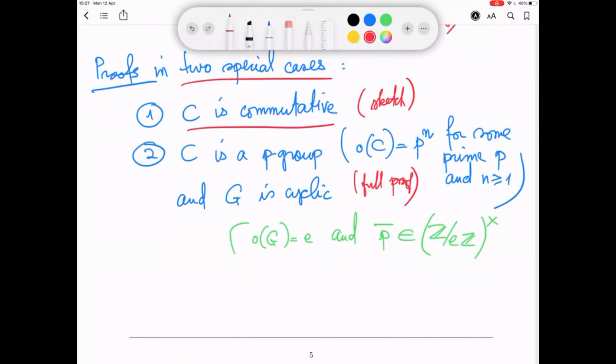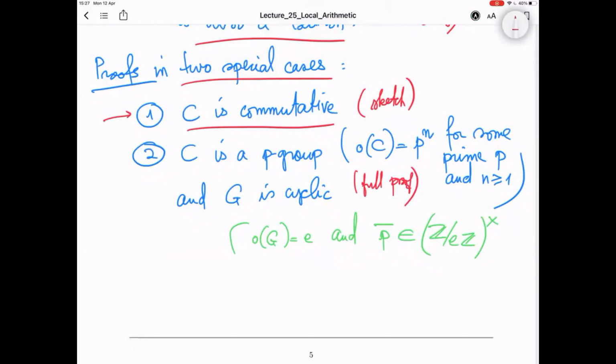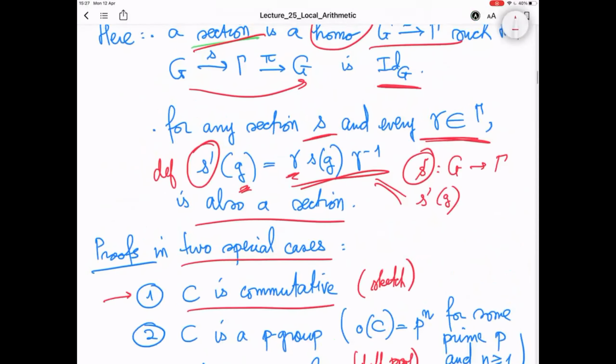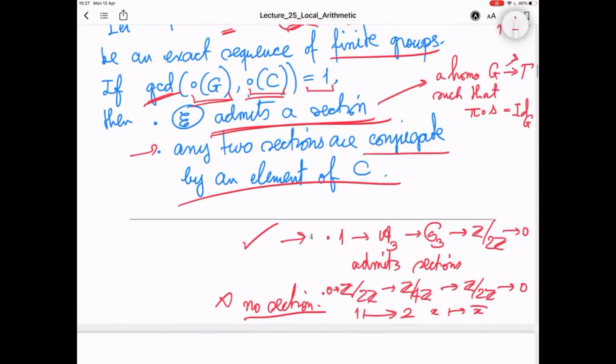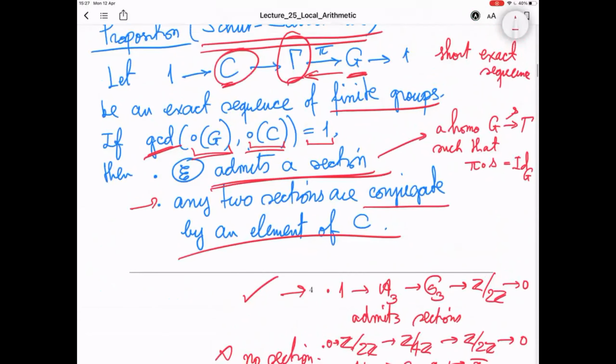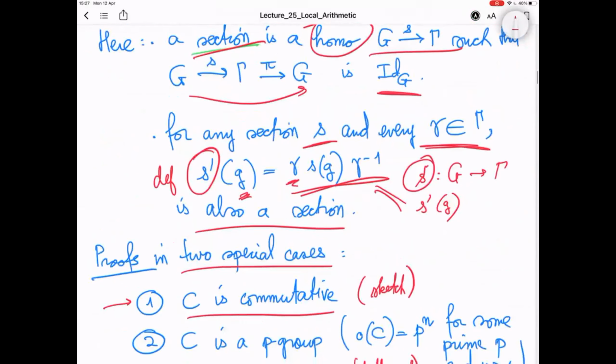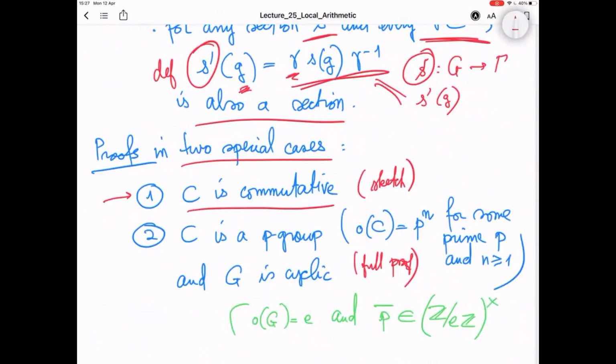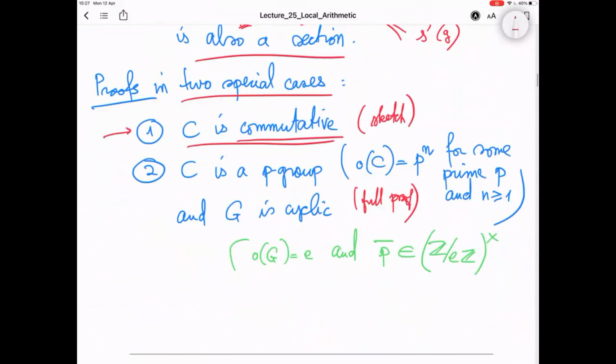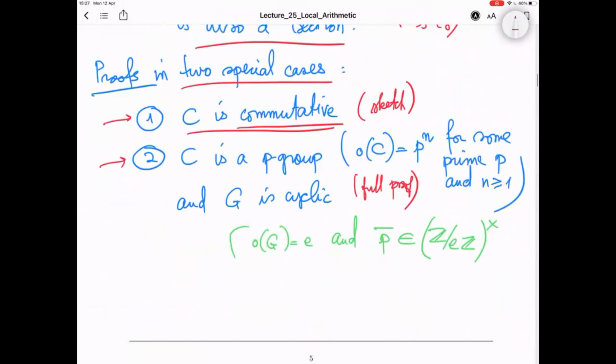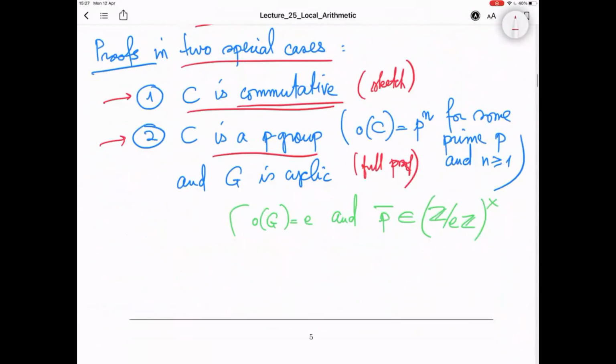So what are the two cases? The first special case is when the subgroup C is commutative. And the second special case, which we will prove, is when C is a p-group. A p-group is a group of order p to the n for some prime p and some n. It's a group of p-power order.